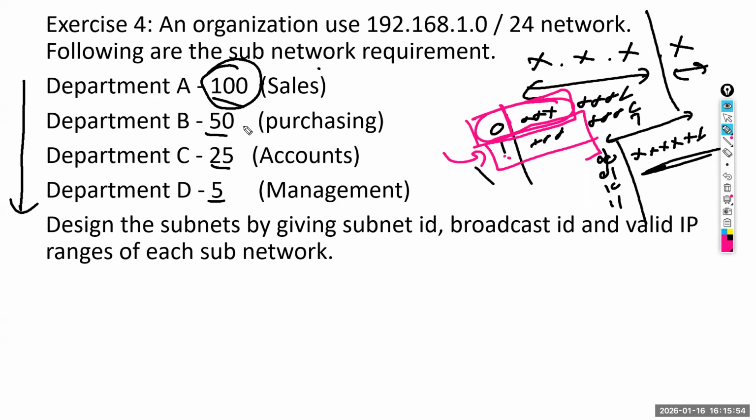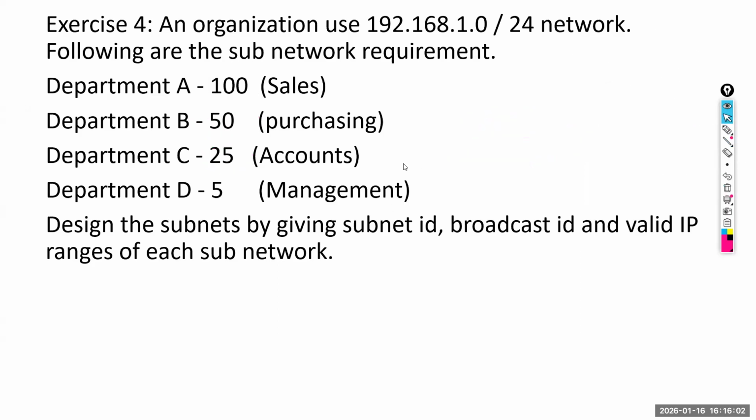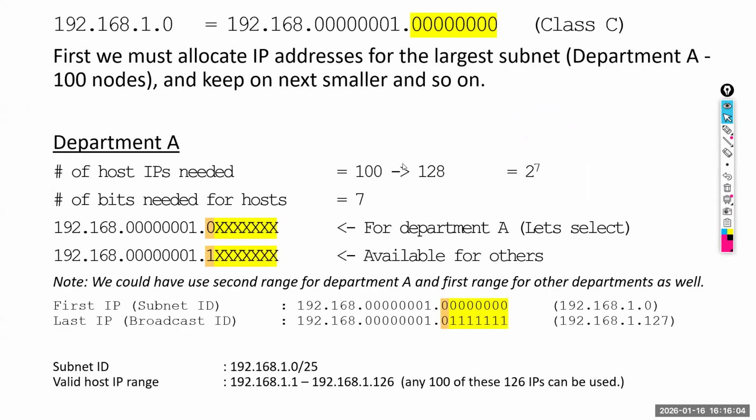Then you allocate for this one, then you allocate for this one, and so on. That is the approach. Okay, so it's a little bit tricky. So therefore, we are going to take only 1 bit, not 2 bits, initially.